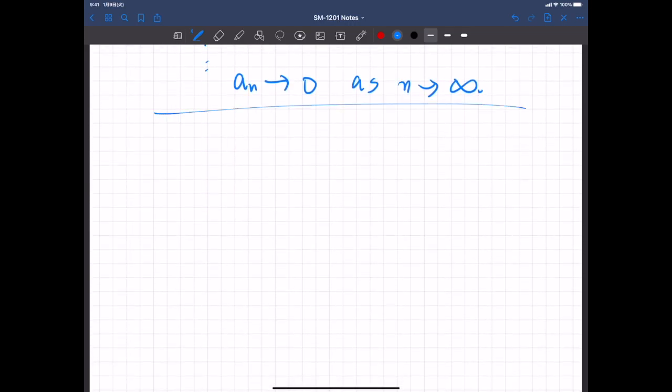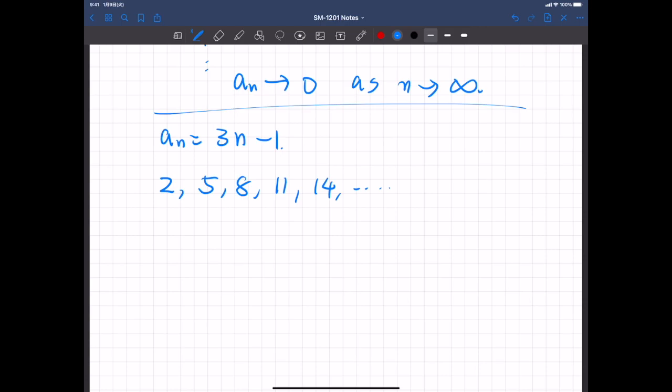And another example, if an is defined to be 3n minus 1, then we have 2, 5, 8, 11, and 14, and so on. So this number only gets bigger and bigger. So this sequence does not converge, so it diverges.